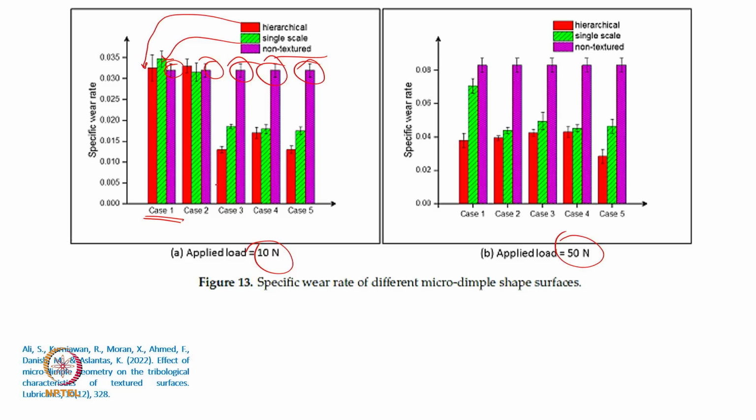Case 2 is also showing a similar kind of performance, and particularly case 2 hierarchical is giving worse performance compared to the non-textured one.